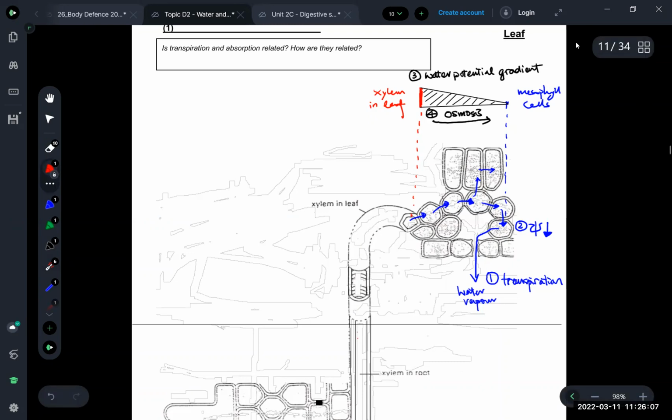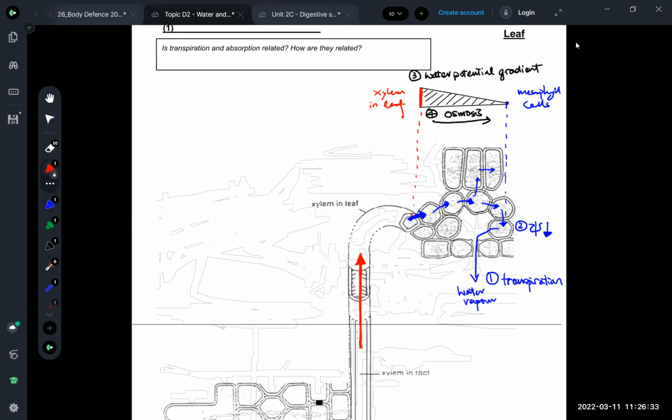This particular action, this particular osmosis, moving water away, draws the water in the xylem. So all the water in the xylem would follow. Because there is a force created to draw the water up.